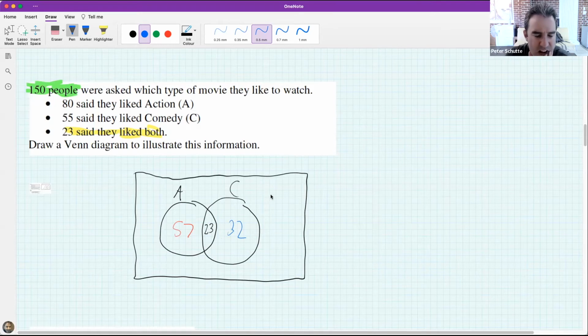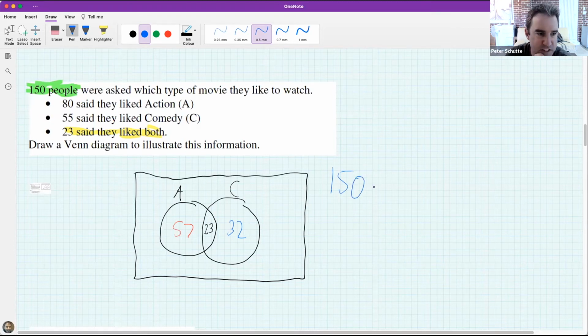What about this region? How am I going to work that out? Mikle, do you know how you work out that bit? Okay, so all we do, can you hear me?